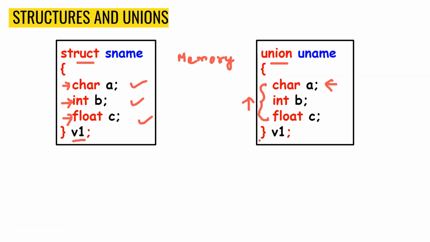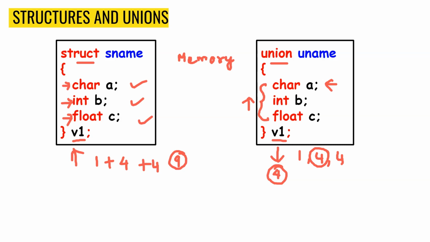The memory allocated for the structure variable v1 will be 1 byte for character, 4 bytes for integer and 4 bytes for float, totally 9 bytes. But in the case of the union variable v1, only 4 bytes will be allocated, because character is 1 byte, integer 4 bytes, float 4 bytes, so the highest is 4 bytes and that much memory only will be allocated. This is the difference between structure and union.